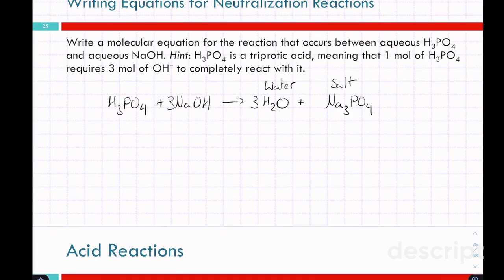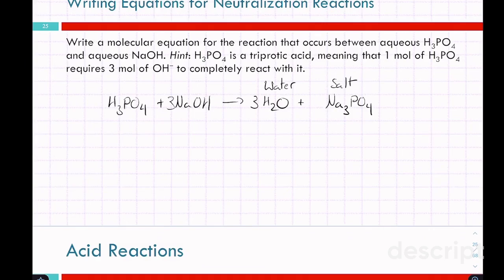When you do that, then you get 6 hydrogen on the right. But over here on this side, there's only 4. Oh, because the 3's there. Yeah, 3 there. So there's 3. Right.